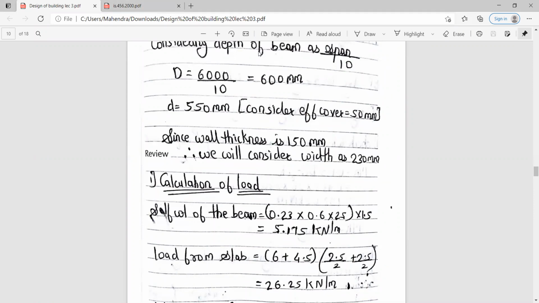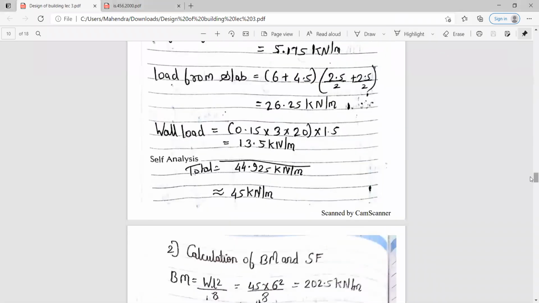This is for the continuous slab. And here you are going to design for the beam B3. Whenever you design beam B3, what is it? It is a simply supported beam. So for that you have to take the total span by 10. So what is your total span here? 6000 by 10, so you will get the depth, that is 600 mm. Now we shall proceed for the calculation of loading.